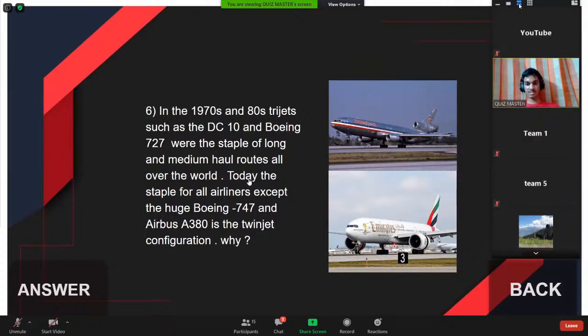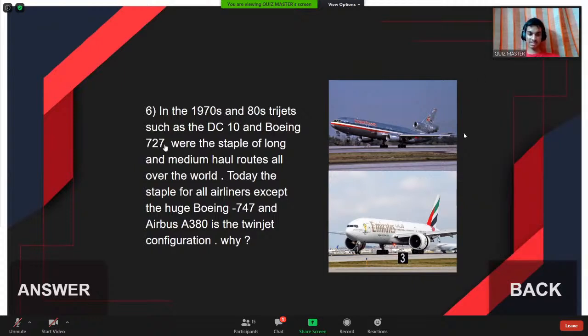Today, 90% of all long haul routes are flown by twin engine planes. What specific reason was there for this to be the case? Anybody pouncing, you're betting 20 points. If you get it right, you will get back 40 points, and if you get it wrong, you lose 20 points.